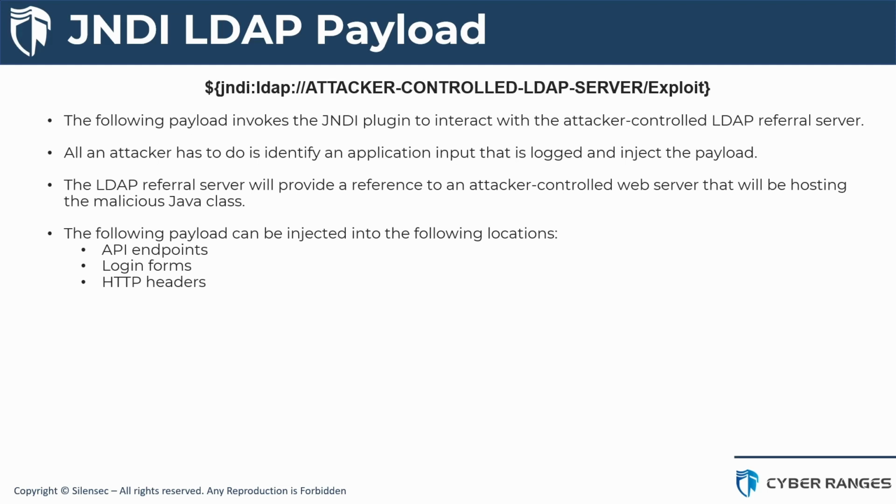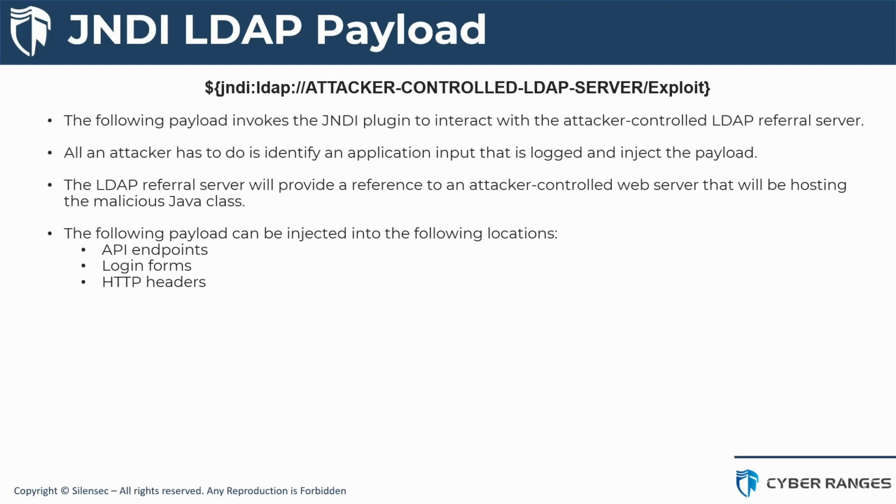The following payload invokes the JNDI plugin to interact with the attacker-controlled LDAP referral server. So in essence, all an attacker has to do is identify an application input that is being logged by Log4j and then inject the payload into that input. You can think of this as a partial injection vulnerability in terms of the access or input vector.